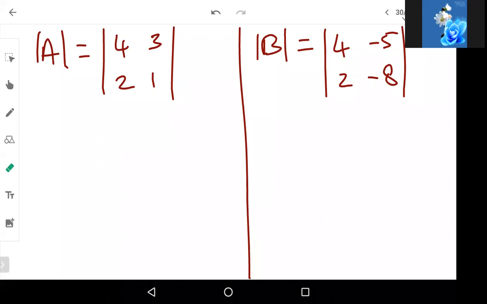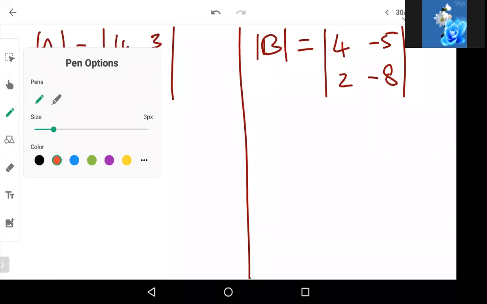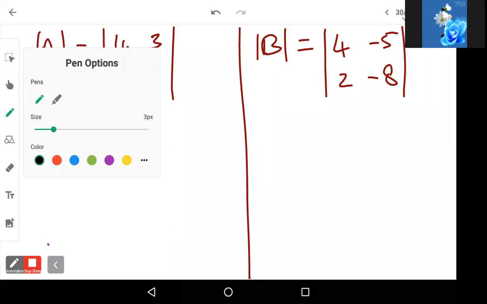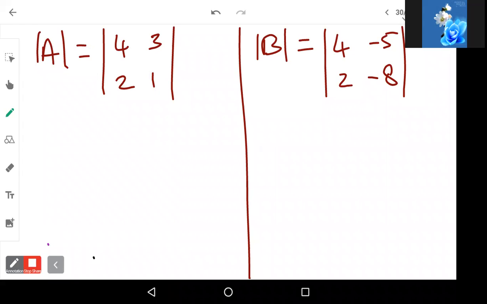Good, Lakshmi. Okay, so the first problem is determinant A is 4, 3, 2, 1, and we are supposed to solve for this. When it is a 2 into 2 matrix, you are supposed to cross multiply the values.